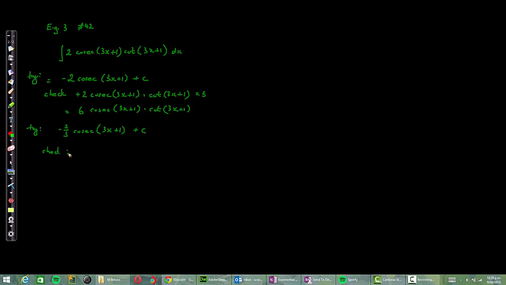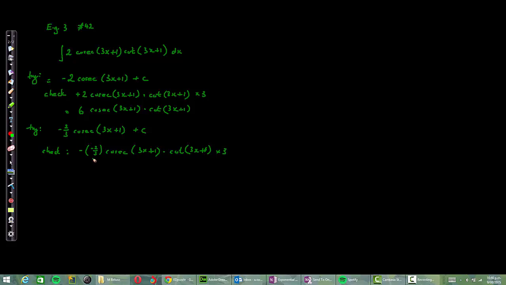Now the derivative of cosec is negative cosec x cotan x, so this is going to become the negative of negative 2/3, which will become positive, of course. Cosec(3x + 1) times cotan(3x + 1) and times the 3 from the chain rule.